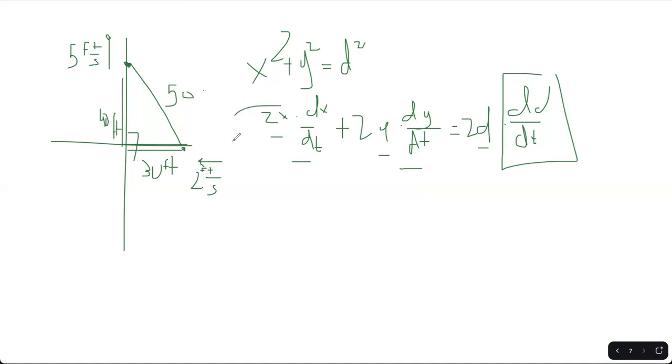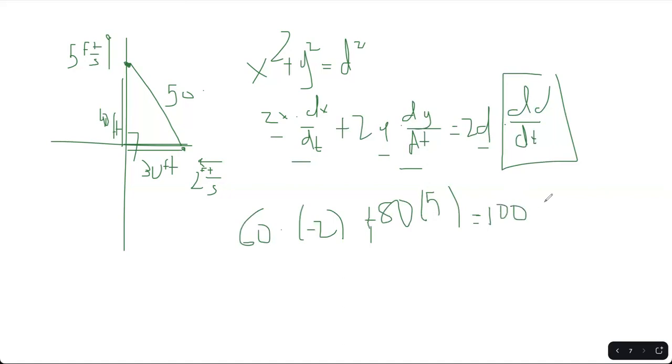So plugging it in, x is 30, so 2x is 60. 60 times -2 because it's moving towards the intersection, plus 2y. Y is 40, so 2y is 80, times dy dt, which is +5, is equal to 2d. D is 50, so 2d is 100, times dd dt.